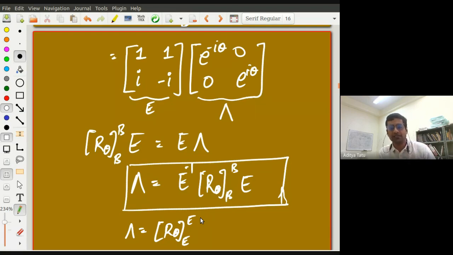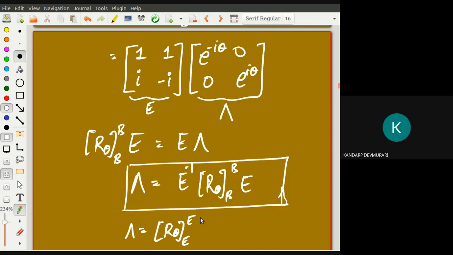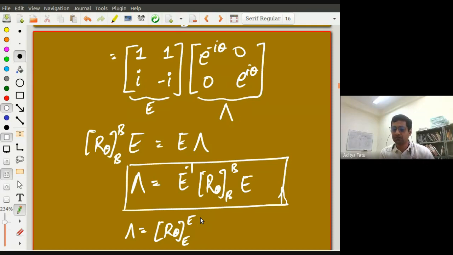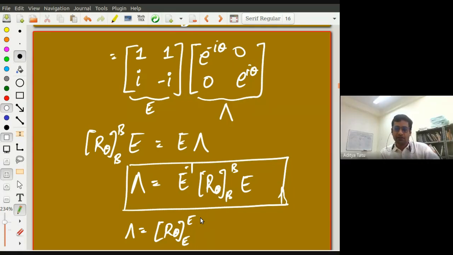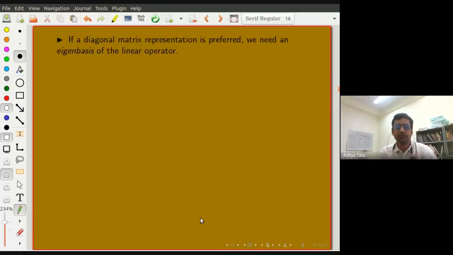What sort of basis should I choose if I insist on having a diagonal matrix representation of the linear operator in that basis? What sort of basis? Bases whose columns are the eigenvalues of... No, not eigenvalues. Sorry, eigenvectors. Exactly. That is the important conclusion.